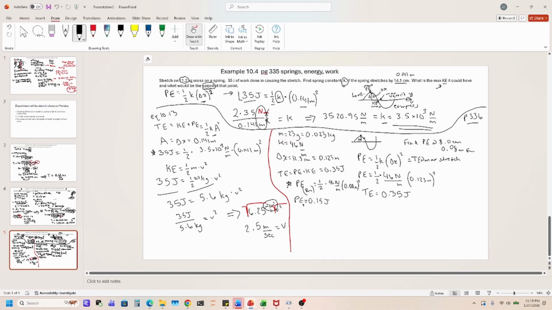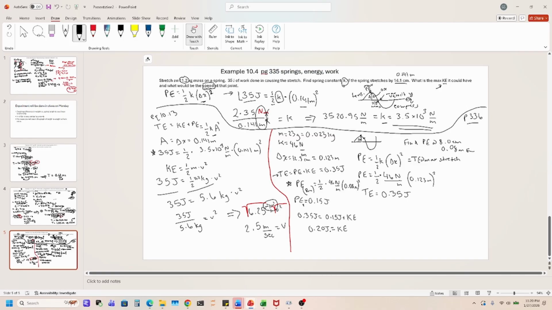So setting it up in our equation here, our total energy, 0.35 joules, is equal to our potential energy of 0.15 joules plus our unknown kinetic energy. So we can solve for our kinetic energy, and we end up with 0.20 joules is equal to our kinetic energy.